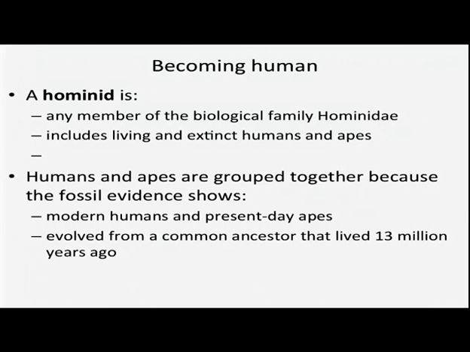The humans and apes are grouped together because of fossil evidence and because the DNA is so similar. Remember the chimp and the human being, 99% identical. We evolved from a common ancestor that we assume lived about 13 million years ago, where the hominids separated off from the apes.